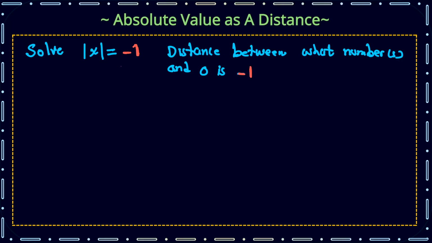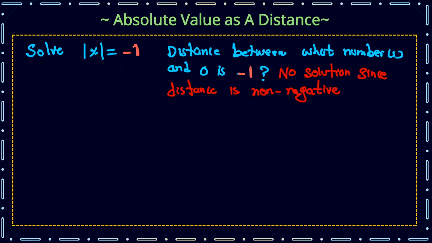But you're like, wait a minute, how can something have a distance of -1? That sounds impossible. We have a contradiction. Absolute value can never output a negative. Distance can't be negative. So here we say this has no solution since distance is non-negative. It would leave a positive impression on your teacher if you provide an explanation.